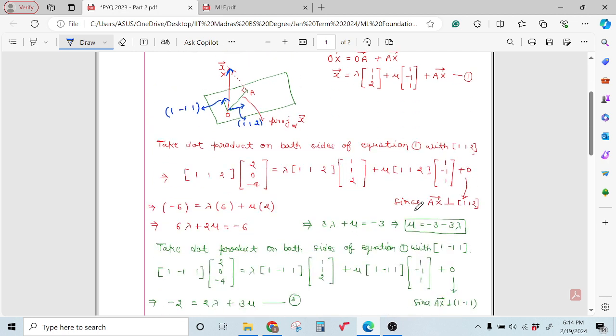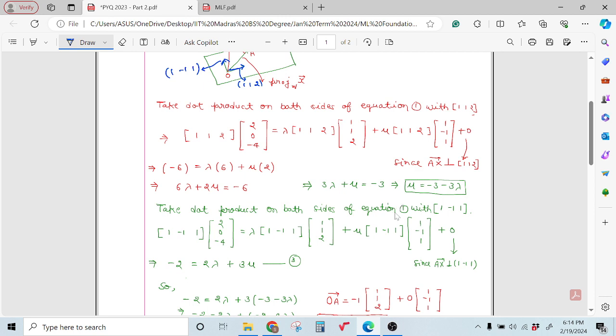So this is 0, and the dot product on the left side is minus 6. Taking the dot product of 1 1 2 with 1 1 2 gives 6, and the other term gives 2. So this implies that 6 lambda plus 2 mu is equal to minus 6, which implies that 3 lambda plus mu is equal to minus 3, and mu is equal to minus 3 lambda. So now we have got one equation.